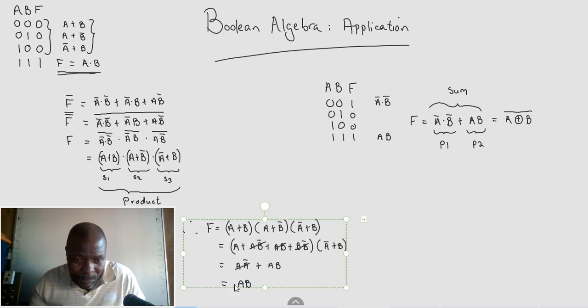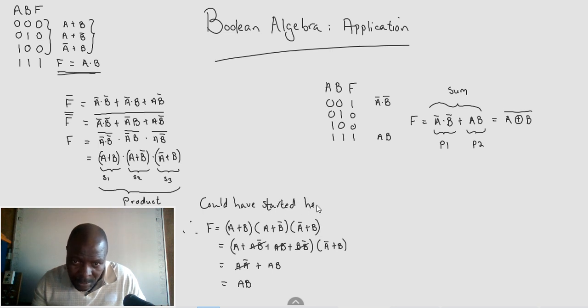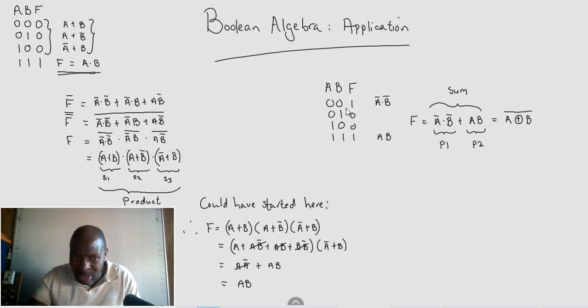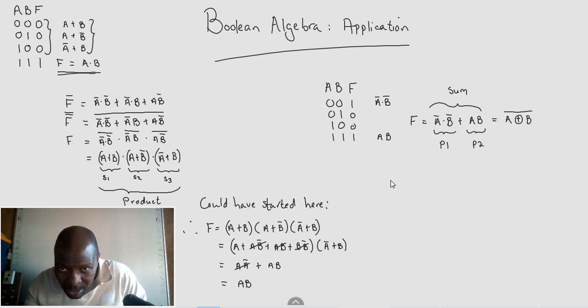We could have started there, or we could have started right there, straight up here. So now I'm going to take this one here. I'll go through the long process first. Let's say we already looked at how we got this from the sum of products, or sum of min terms. Now I'm going to say, okay, AB.